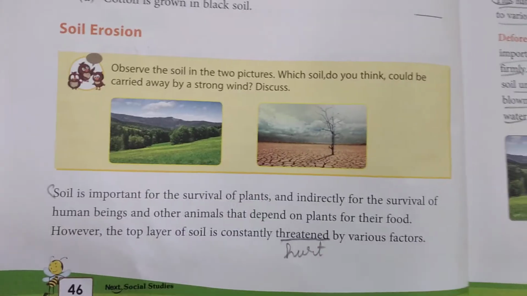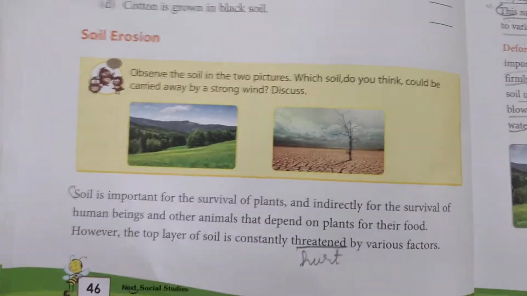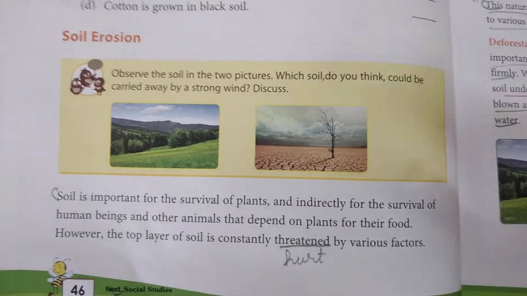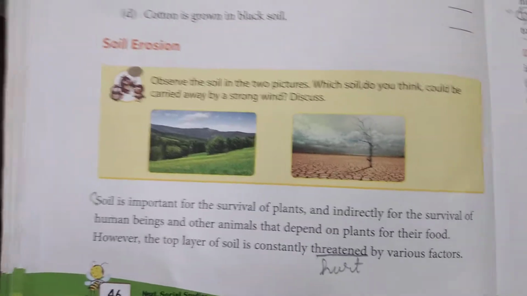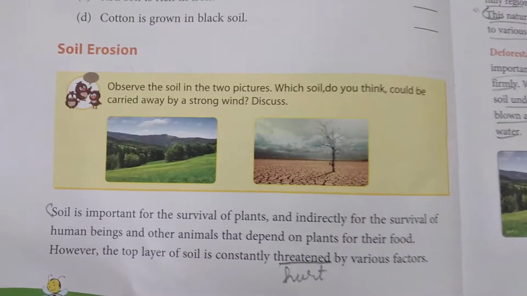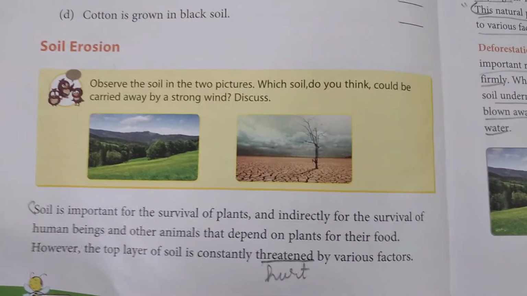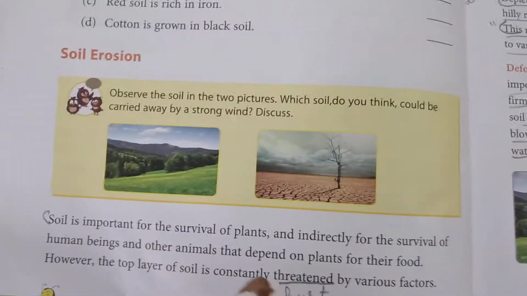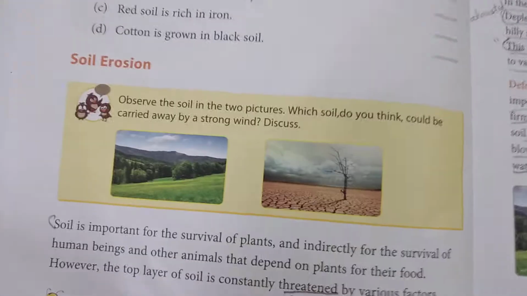See, soil is a very important part of the survival of plants. Plants cannot survive without soil, and human beings and animals are all dependent on plants. Why are human beings dependent? Because plants provide us food.